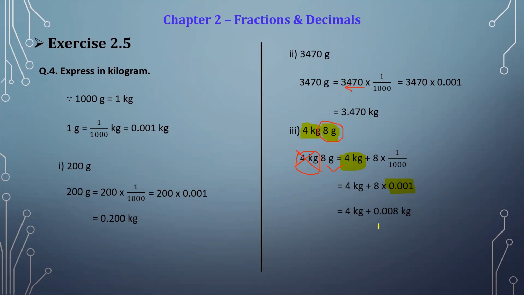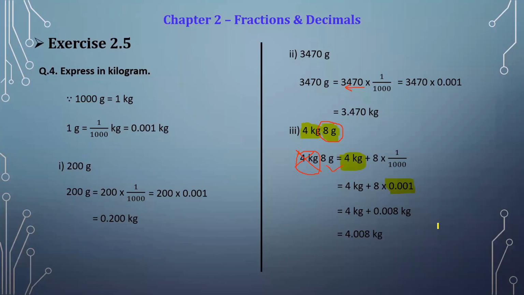Now we have to just add these two values, 4 kilogram and 0.008 kilogram, and by adding them we get 4.008 kilogram. That is the final conversion of 4 kilogram and 8 gram into kilogram.